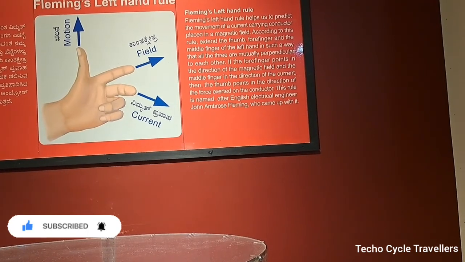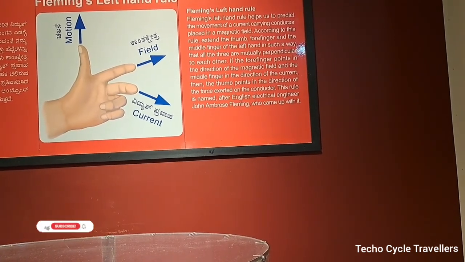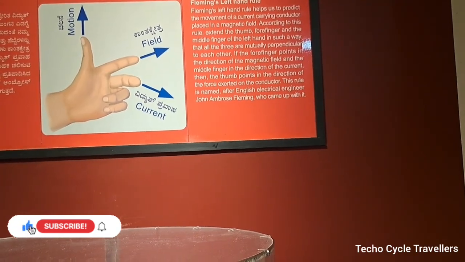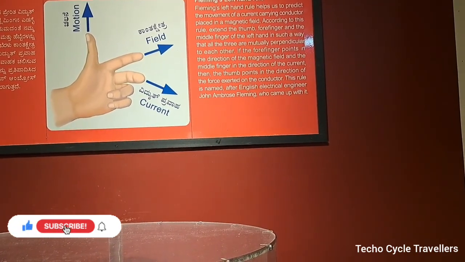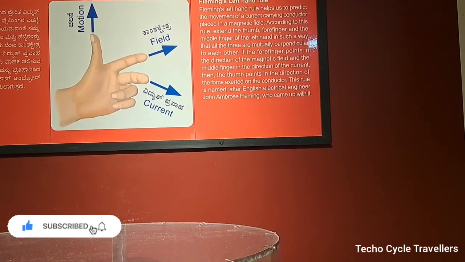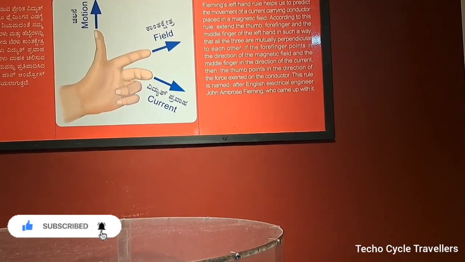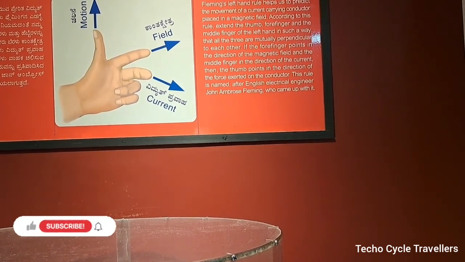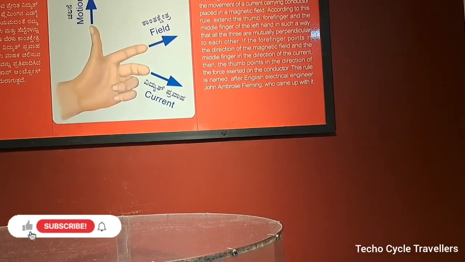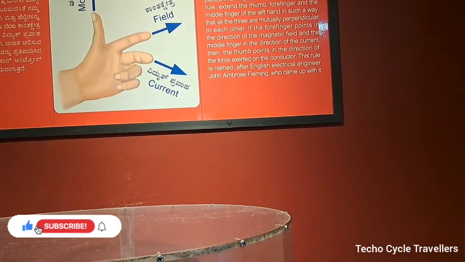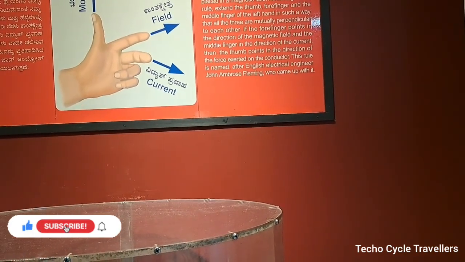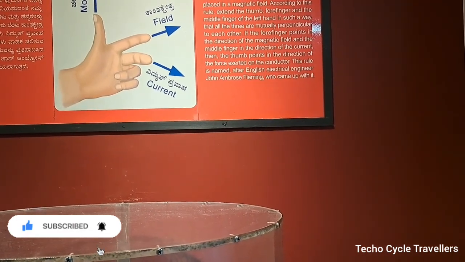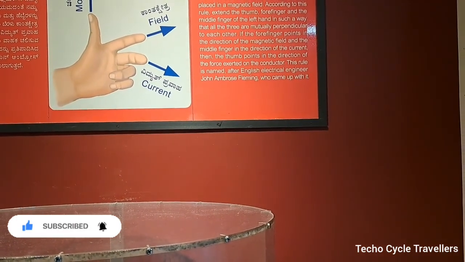If the forefinger points in the direction of the magnetic field and the middle finger in the direction of the current, then the thumb points in the direction of the force exerted on the conductor. This rule is named after English electrical engineer John Ambrose Fleming, who came up with it.